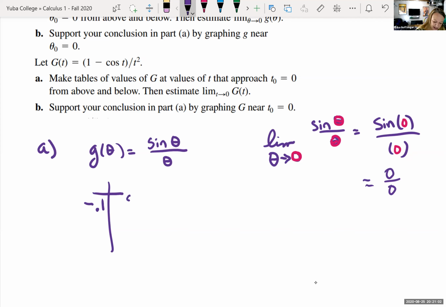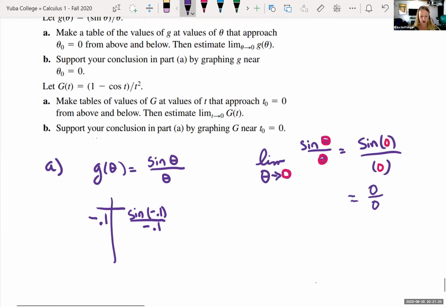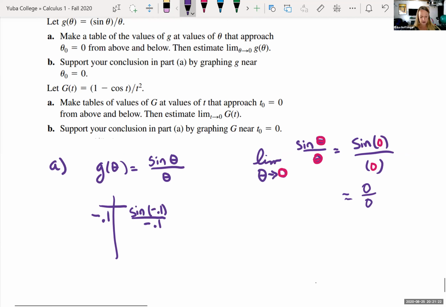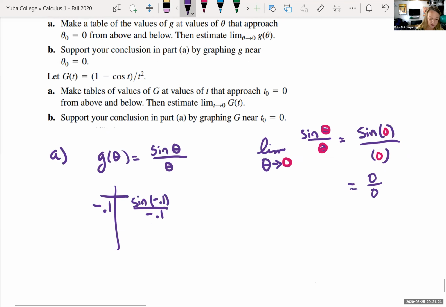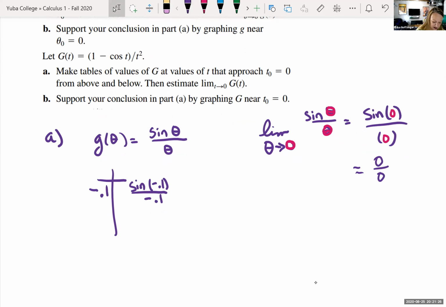I need to figure out what is sine of negative 0.1 all over negative 0.1. Those aren't values that we learned in trig. We're assuming that our theta value is a real number and not an angle. And so I have to plug that into the calculator.